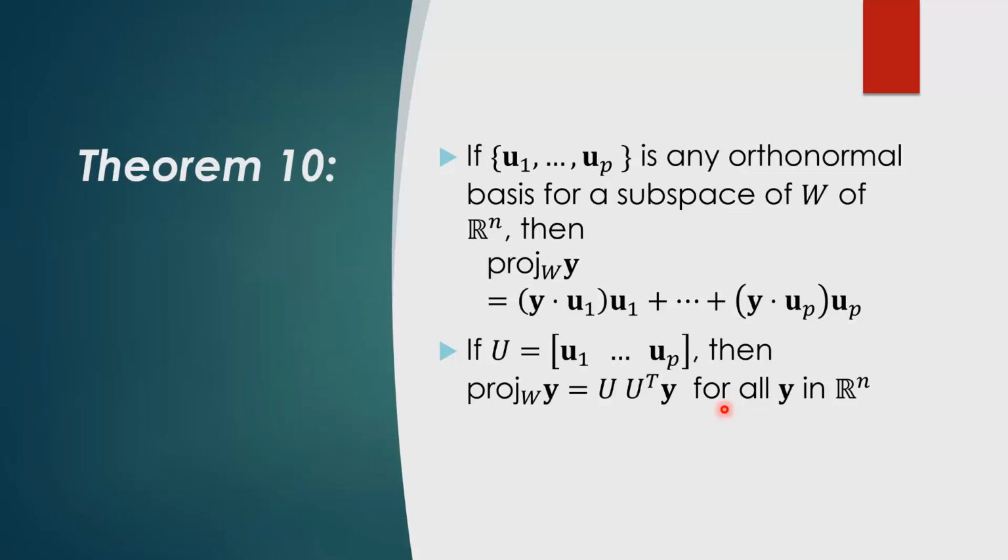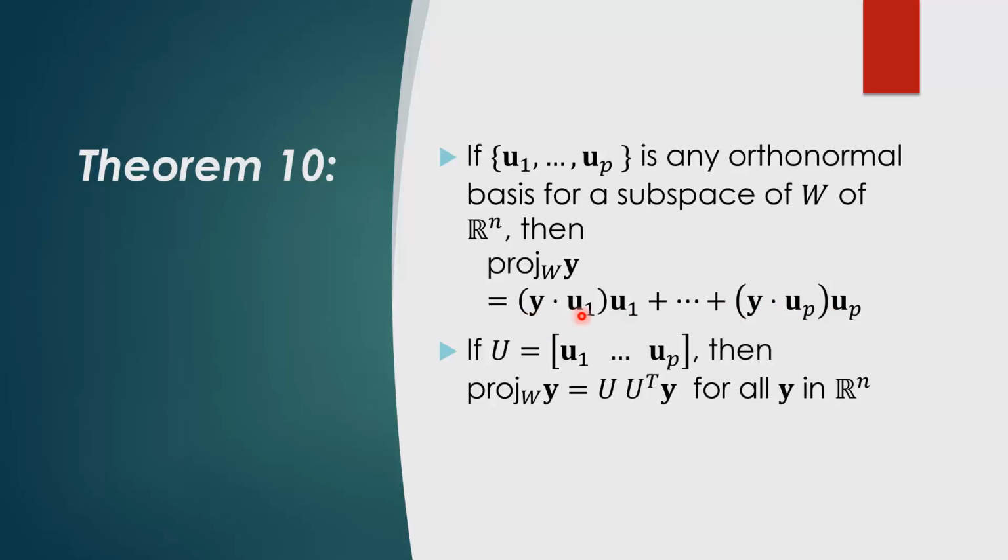One last theorem. This theorem relates the projection with matrices. So if we have vectors u1 through up as a set of an orthonormal basis for the subspace W, then the projection of y onto W is going to be equal to just y dot u1 times u1, and then all the way up to the last one.